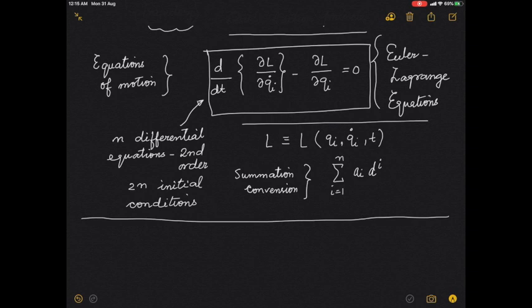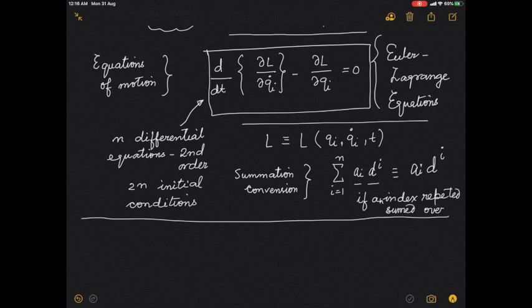Here all I am doing is multiplying the ith component of a with the ith component of d, and then adding for all i. So he proposed that this can be equivalently written by just not writing the summation. If an index is repeated, it is summed over.